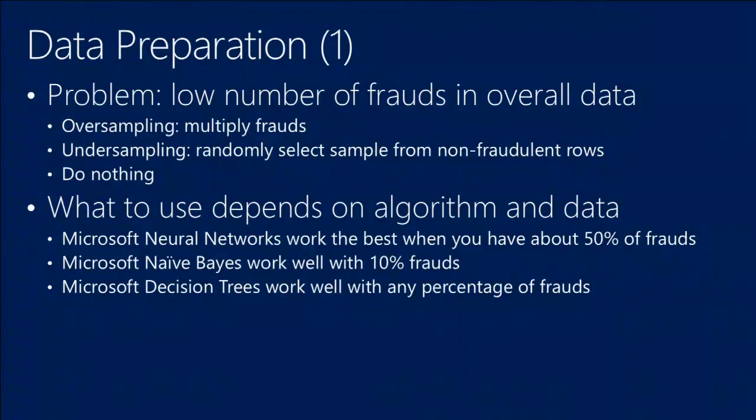So then you have to do either oversampling, which means simply copying these frauds, or undersampling, which means selecting fewer non-fraudulent rows for feeding the models. And I am a big fan of undersampling. Why?